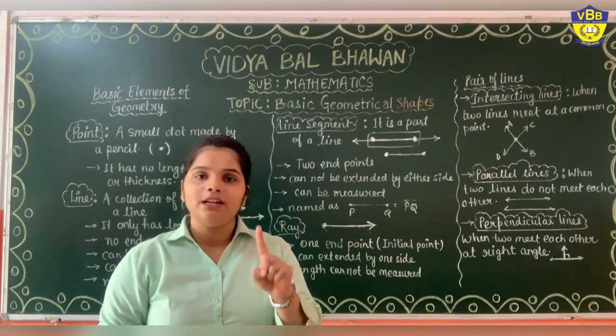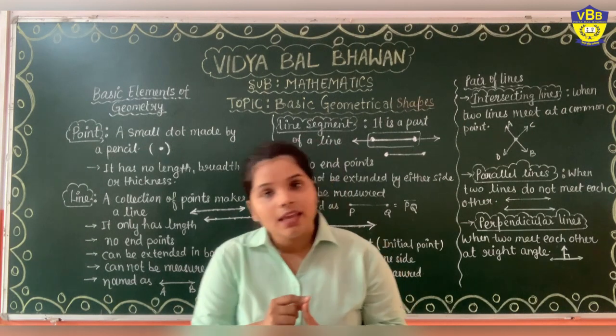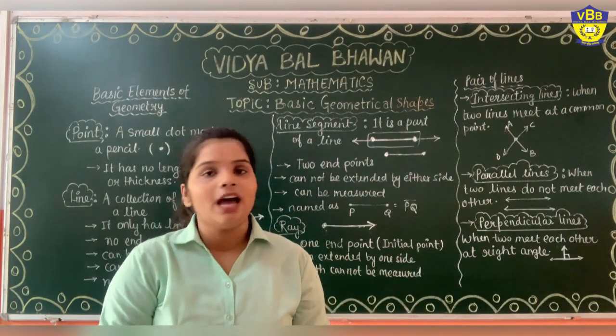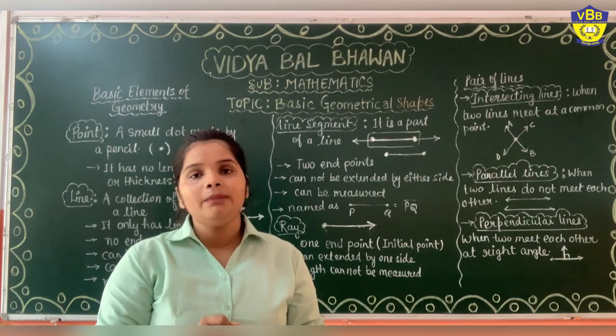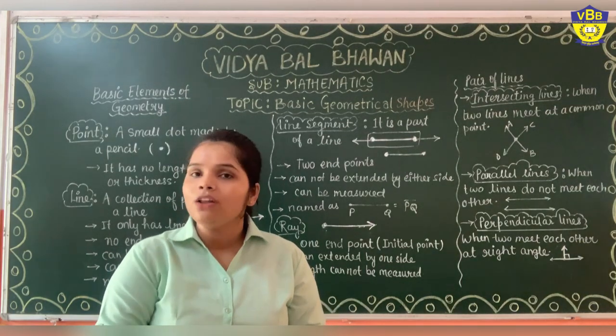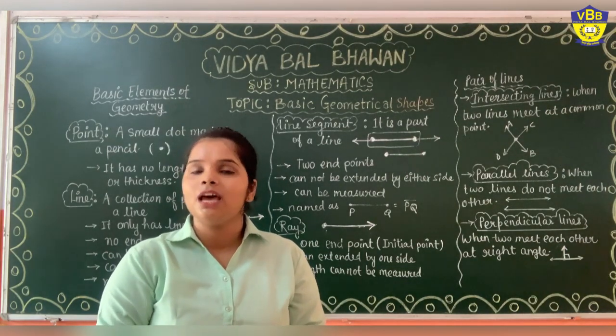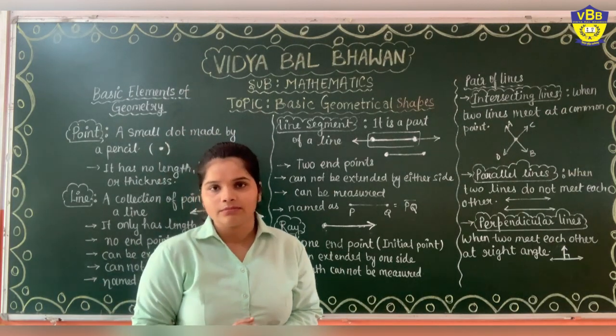Ray can be extended from any one side. Line cannot be measured. It has no fixed length. Line segment can be measured. It has fixed length. Ray cannot be measured because it has no fixed length. I hope this much is clear.